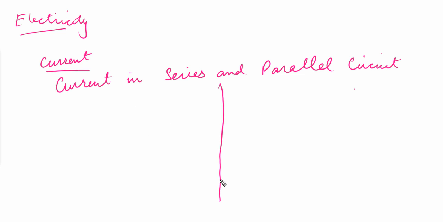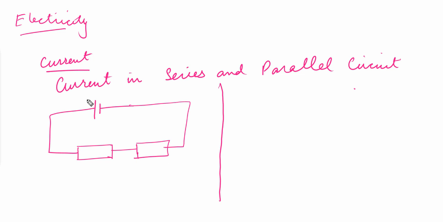One will be a series circuit, one will be a parallel circuit. Let me show you a series circuit. A series circuit is a simple circuit where two resistors are attached in this orientation. We have a positive terminal of the battery over here, negative terminal over here. The current is flowing from the positive terminal of the battery to the negative terminal of the battery.